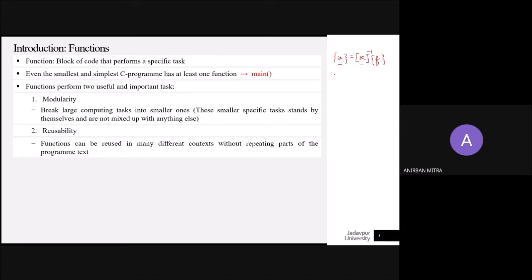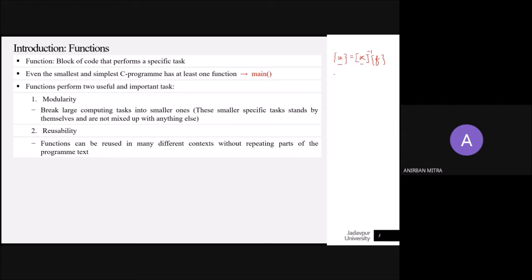Think of a situation that in a big complex code spanning, say, thousands of lines, you need to perform matrix multiplication at 5 different locations. So what is easier? Maybe for matrix multiplication, you will write 50 lines of code. Do you want to copy those 50 lines at 5 different locations?